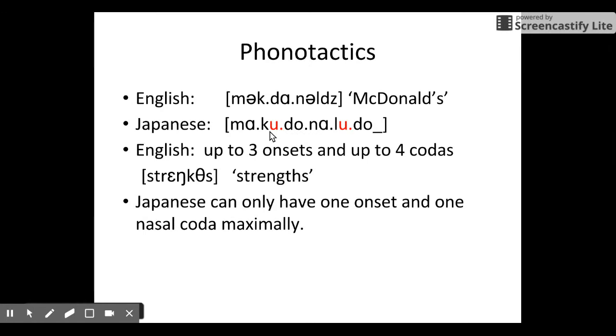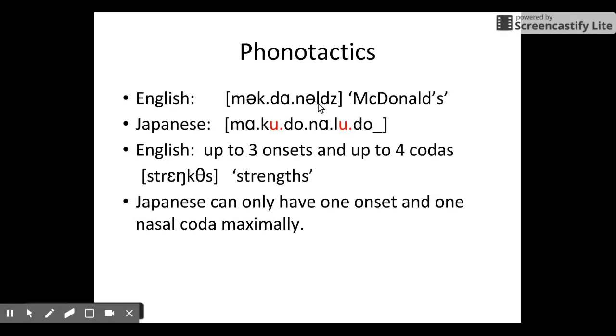So when we have more than 1 onset, or when we have more than 1 coda, we have to do some modification. For example, in Japanese, k is not a legal coda, so the modification strategy is to add another vowel, so it becomes an independent syllable, and then everything is fine.